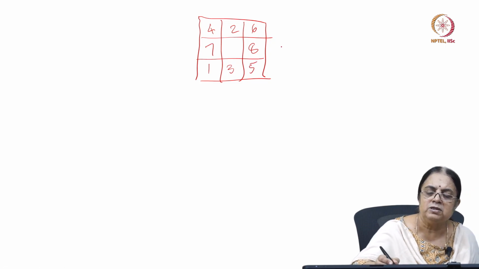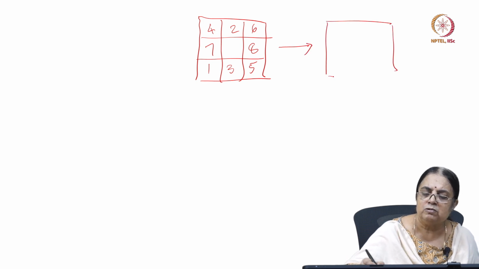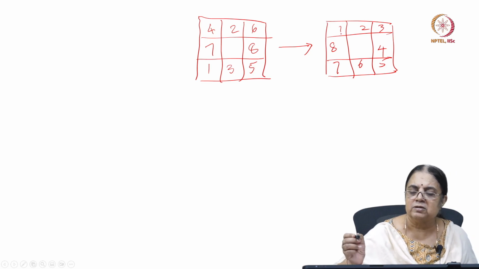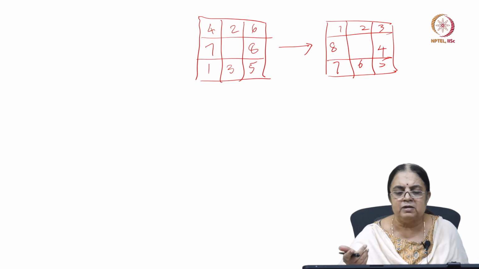This may be your starting state, and you have another goal state here, maybe 1, 2, 3, 4, 5, 6, 7, 8. Maybe this is your final state.